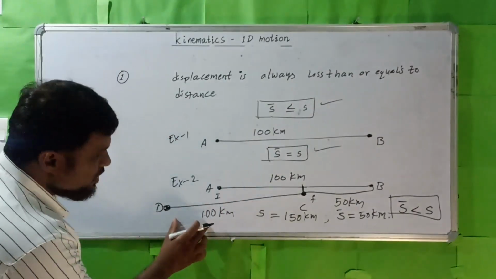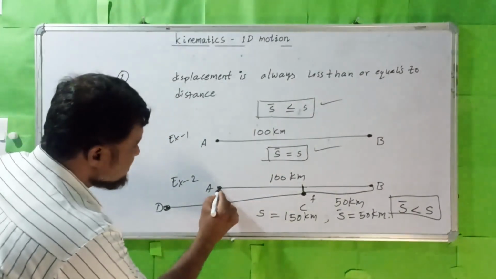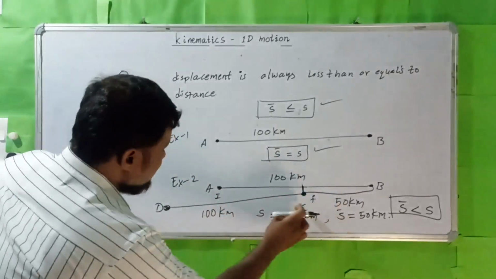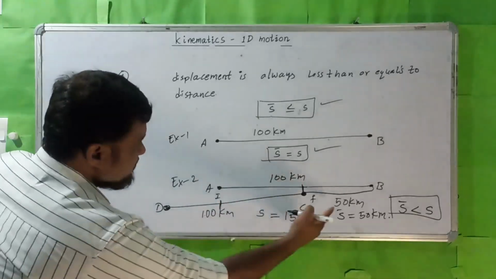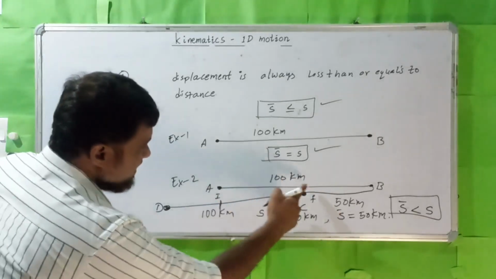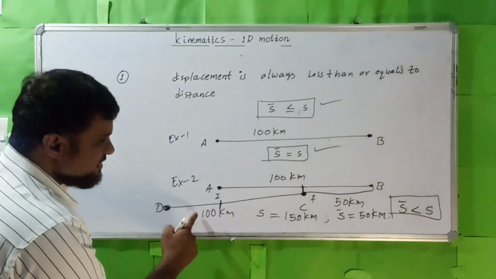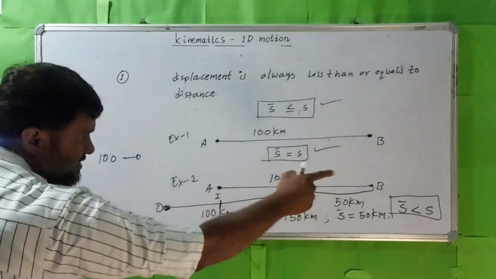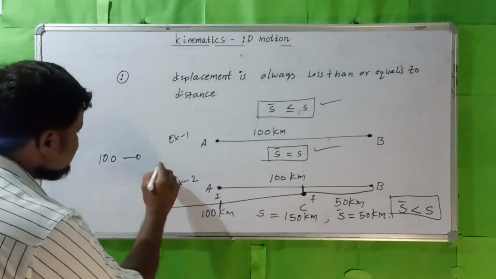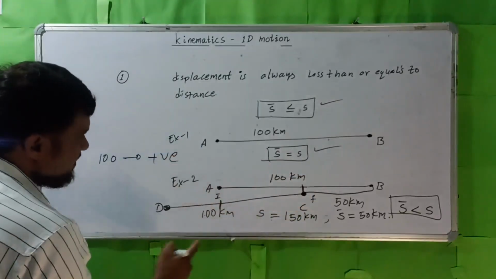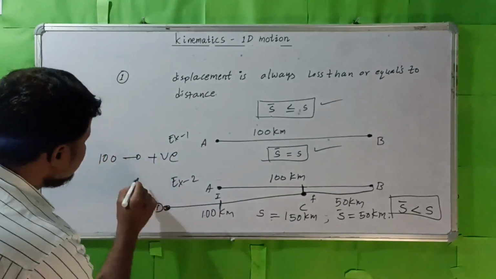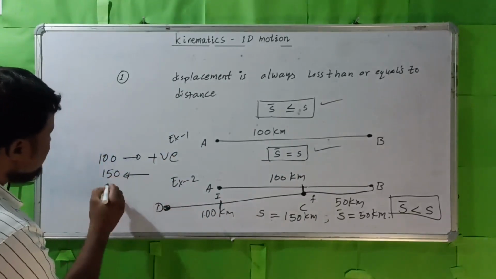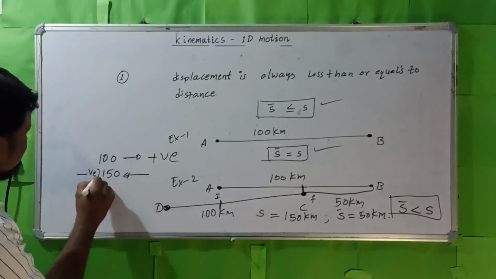Now if you observe displacement, this is the initial position, this is the final position. 100, then 50 plus 100, 150. Here 100 is considered the positive direction in the Cartesian coordinate system, and 50 plus 100, that is 150 kilometers, is considered the negative direction.